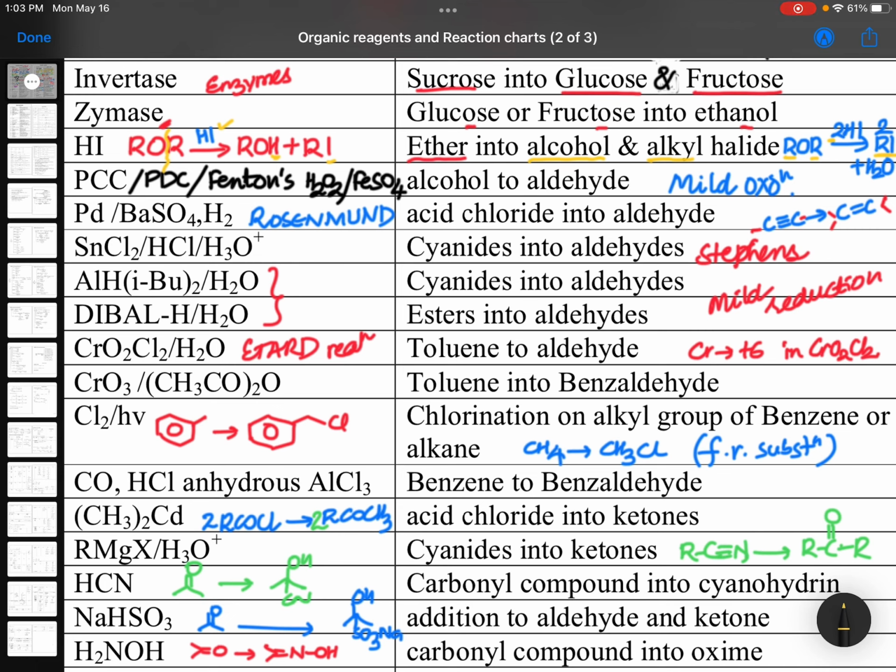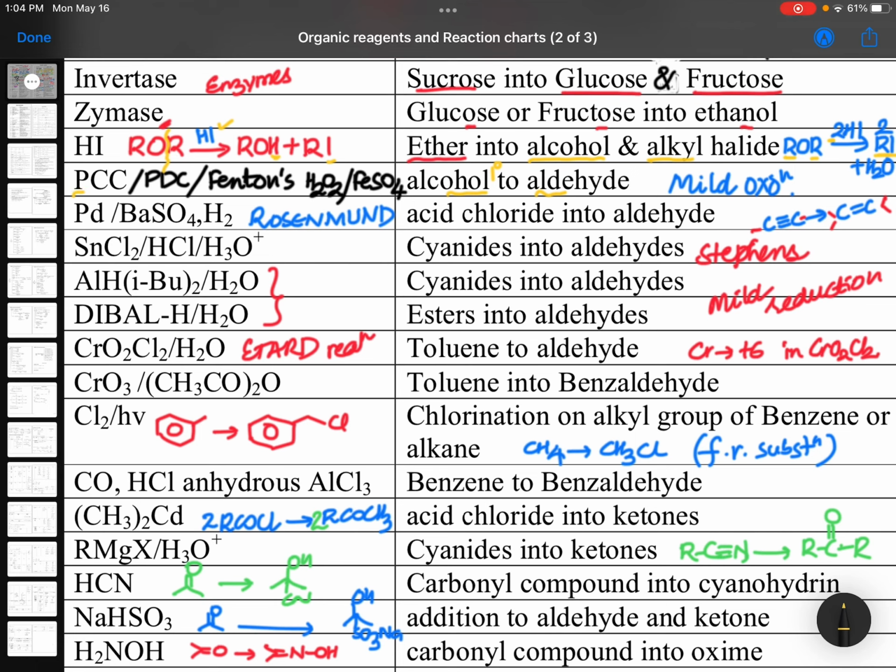Then coming to mild oxidation of alcohols into aldehydes. Remember, not only aldehydes: a primary alcohol will be converted to an aldehyde, and a secondary alcohol will give a ketone. Primary gives aldehyde, secondary gives ketone.